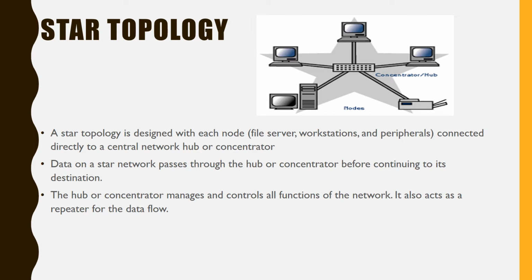Every data which needs to be transmitted to some other node or the server has to pass through the hub. No data can bypass the hub and be delivered to some other node.